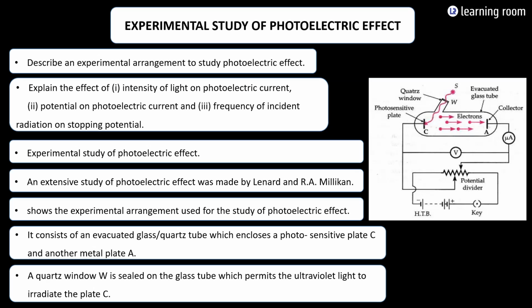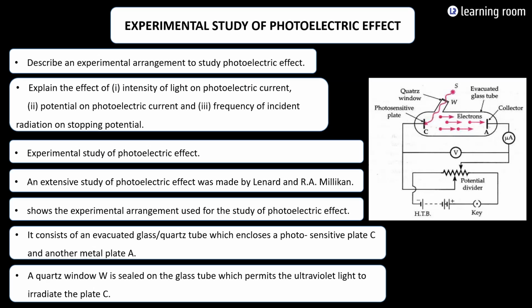The microammeter will show you the amount of current flowing through the circuit. That current is called the photocurrent. Most importantly, the emitter and collector plates are connected to a high tension battery. HTB stands for high tension battery, which is controlled with the help of a key, and it is connected across a potential divider, so that you will be able to control the amount of potential you supply to the plates.